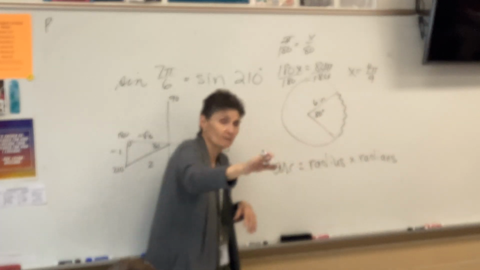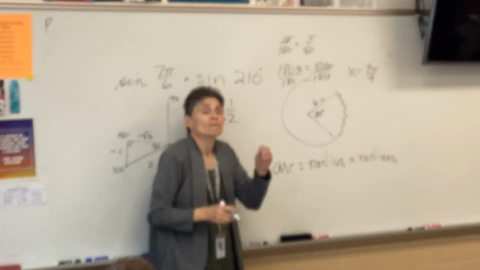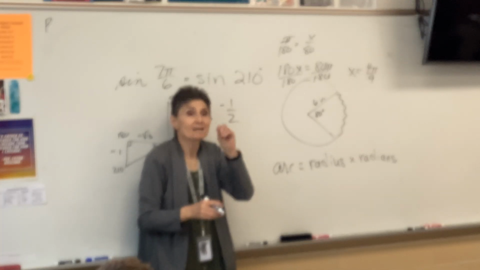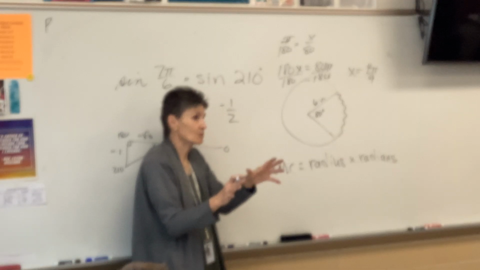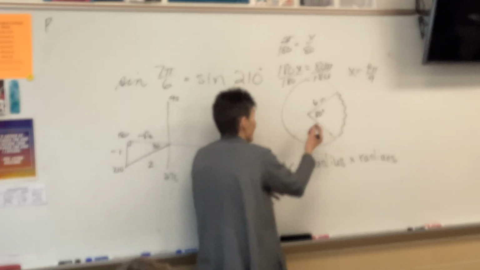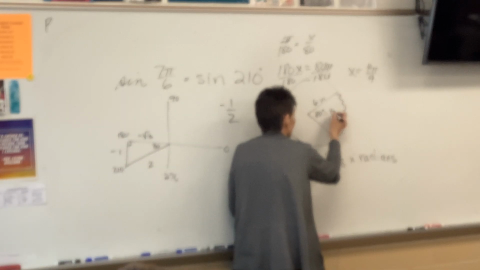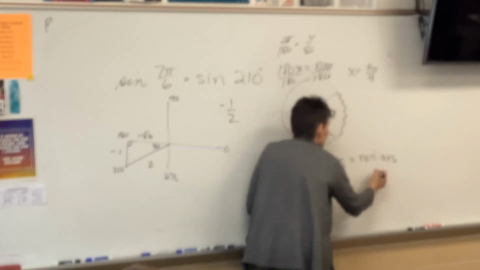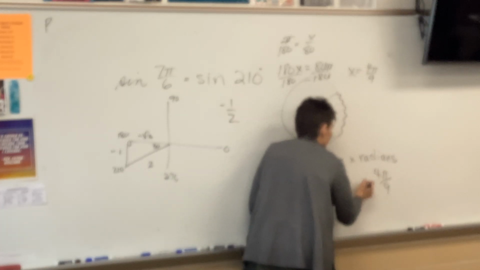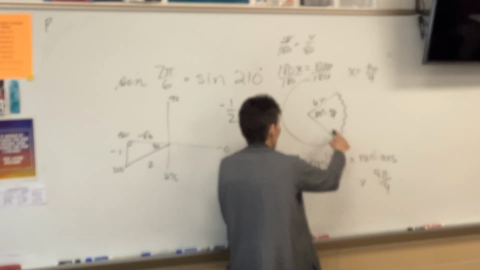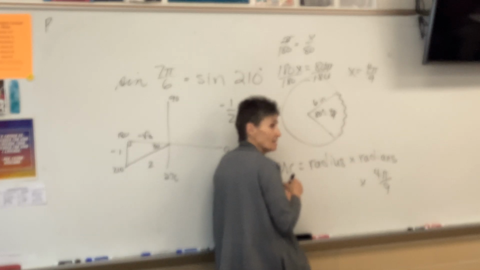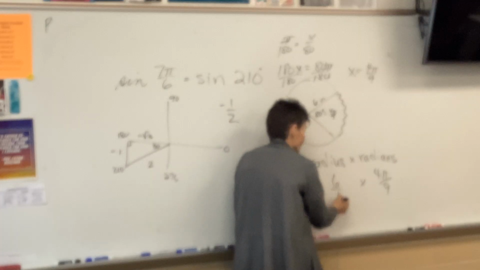Ben, you with me still? Now, 4 pi over 9 is not the answer to the question. Some of you wrote that down as the answer. 4 pi over 9 is the angle in radians. To get the arc length, I have to multiply that times my radius.